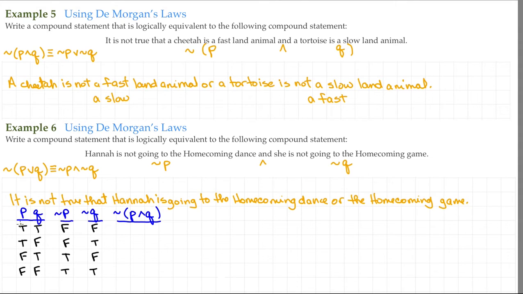That occurs right here. So it's going to be true, false, false, false. But then we negate it. So it actually comes out to be false, true, true, and then true.